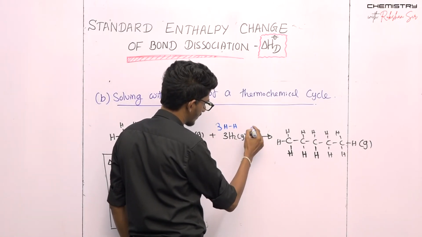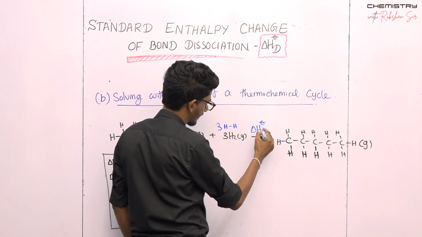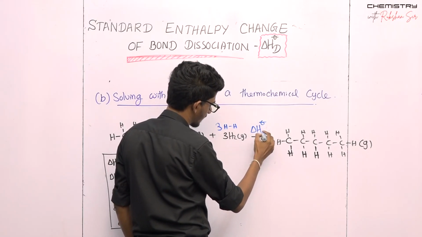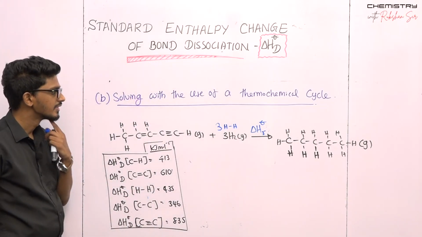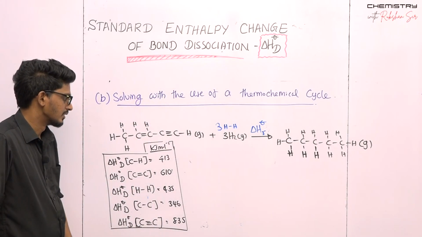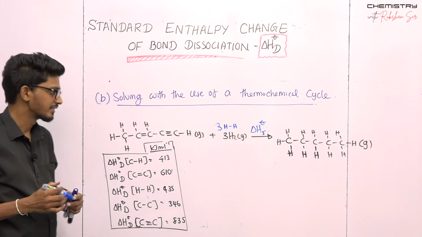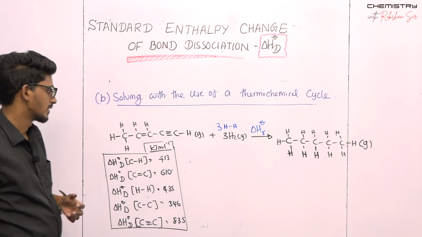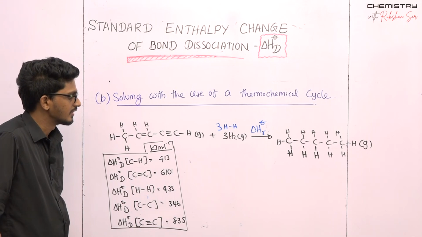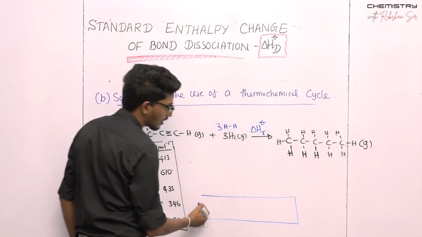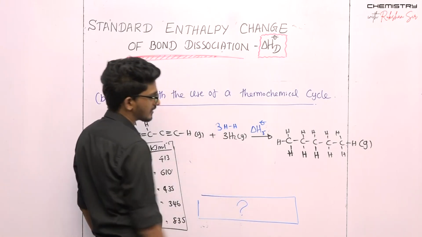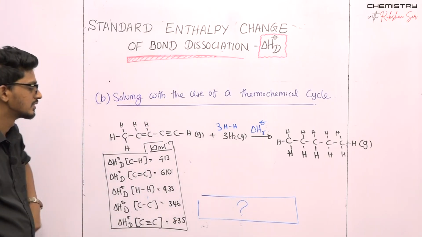So just write that equation, the thermodynamic equation. The next step when constructing a thermodynamic cycle is to come up with the imaginary state.